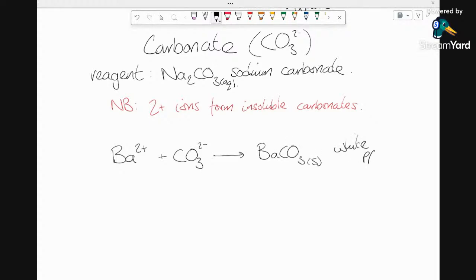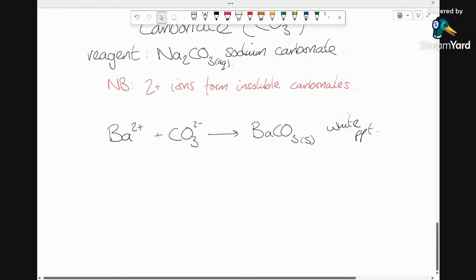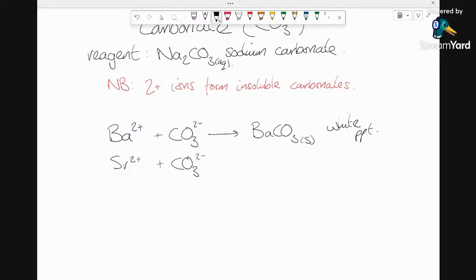If you're asking me how I know all my colors, well, if you're not in the transition metal block, you're going to be white. So barium carbonate is white. If we do strontium, Sr2+, I'm going to form strontium carbonate, which, surprise, surprise, is a white solid. Gotta love it. White PPT. We can also do copper 2+.